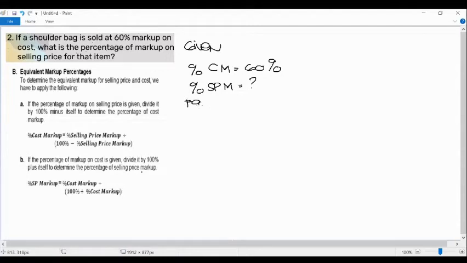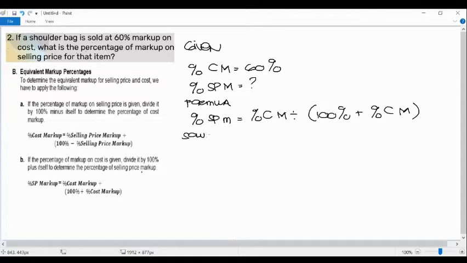And the formula for that is percentage of markup on the selling price equals percentage of markup on the cost, divided by 100% plus the percentage of the markup on the cost.